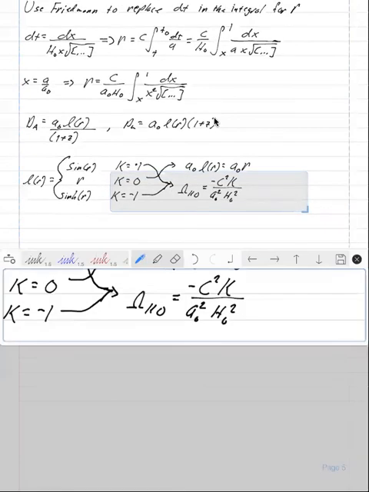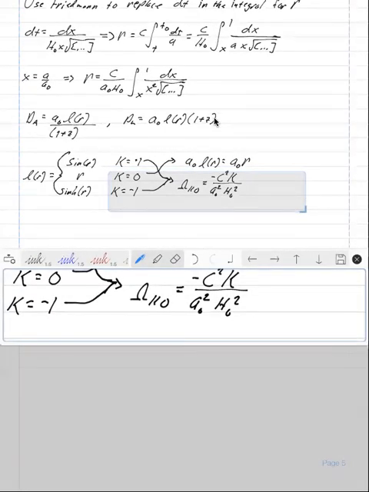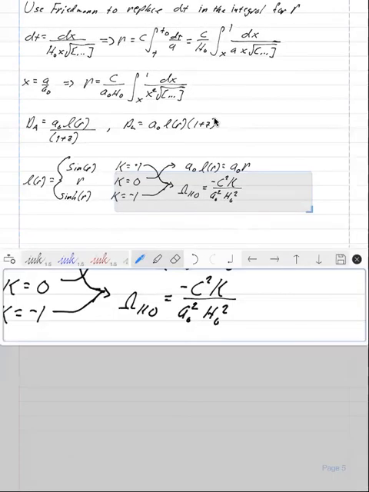And we immediately see that there's a correspondence between omega k0, a0, and H0. k is a constant that will be 1, 0, or -1. c is the speed of light. And so this expression, as long as you know H naught, gives you an expression between omega k0 and a naught.